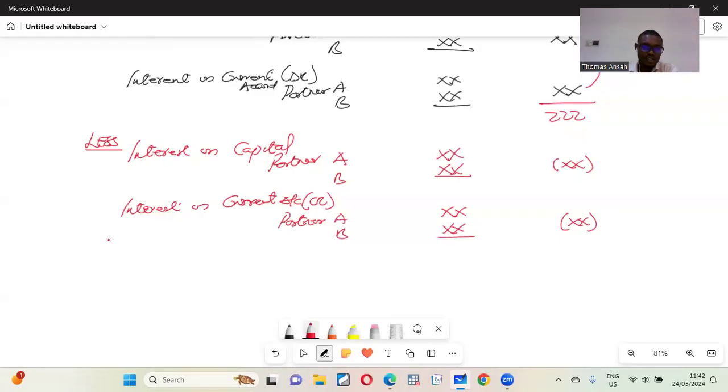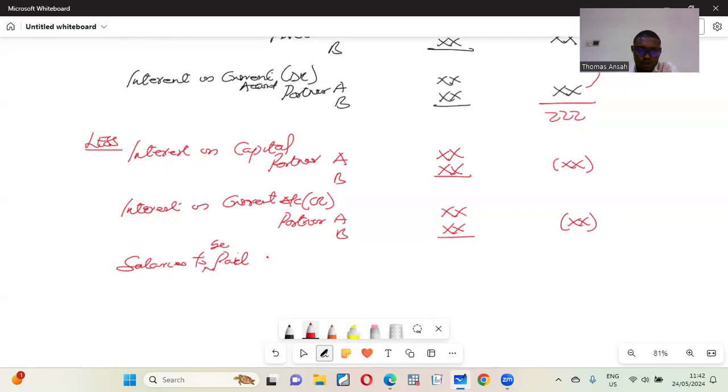Then the last thing is salaries to partners, whether paid or to be paid. Remember, accounting is on accrual basis. Whether you paid it or it is to be paid, it is part of what we need to deduct, so that we will have the actual balance for the partners to share.